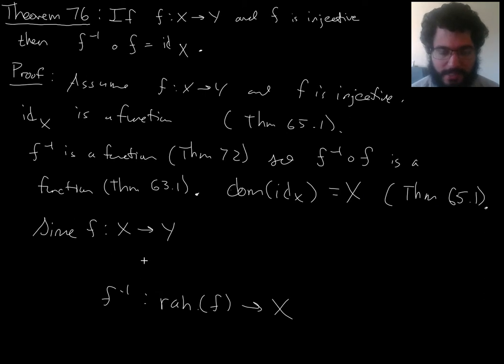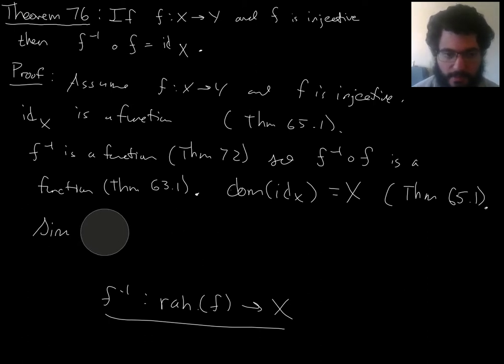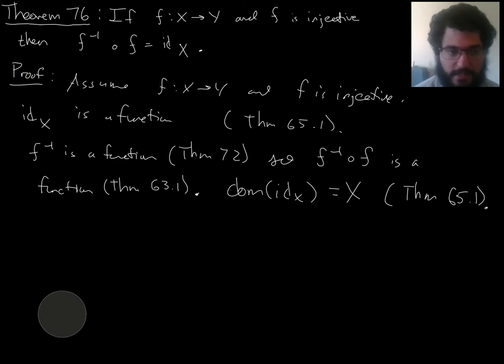Okay, so it looks like I cannot use that essence of composition result on these pair of mapping statements, right? F goes x to y, and then f inverse does not go from y, it goes from range f. But maybe I can replace this mapping statement by another one. F goes from x to range f. That sounds plausible, right? So let's establish f goes from x to the range of f.